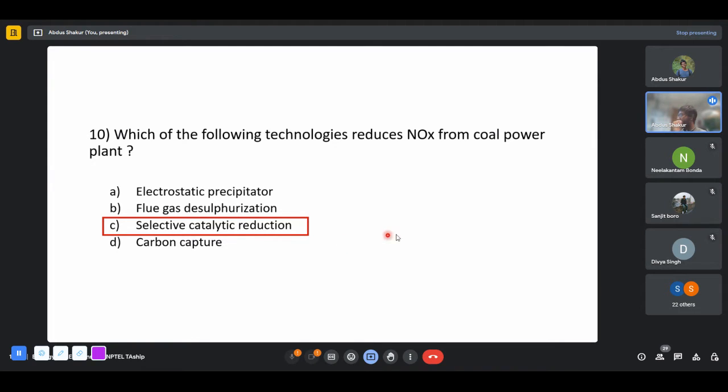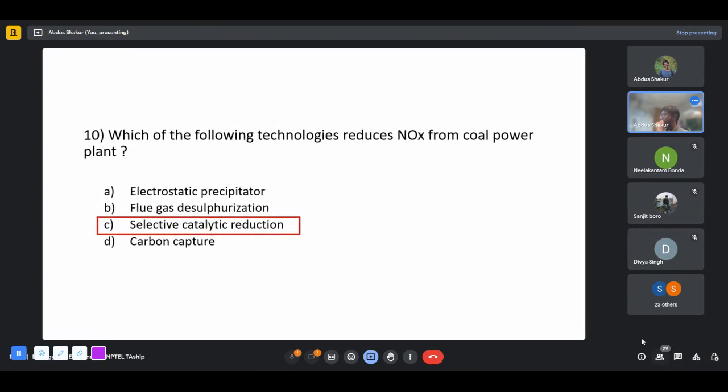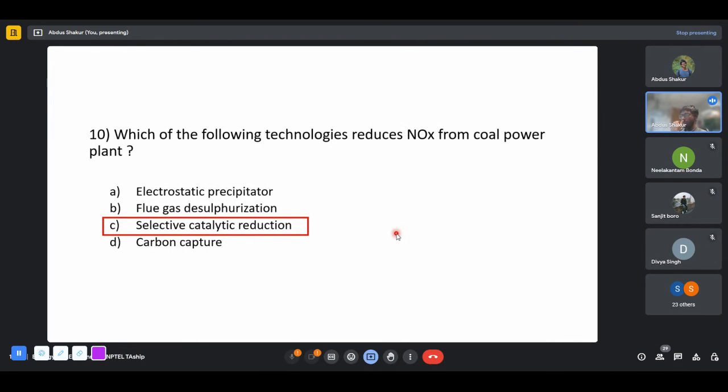If nobody has anything, I will move to the next part of the session where we'll discuss solar energy and different aspects of it. Okay, it seems like no one has anything, so let's go ahead.